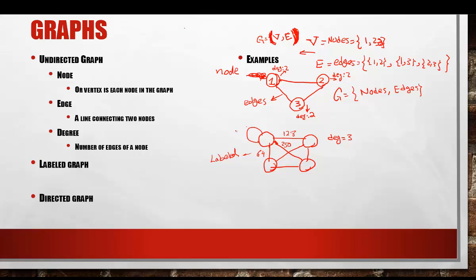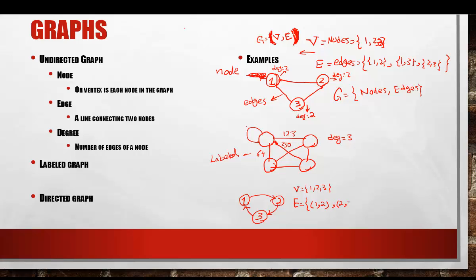A directed graph is when you also have directions, and usually for a directed graph we represent its edges with sequences. So for example, if I have a graph like this, a directed graph, the way that I would represent it is that its nodes will be the set of 1, 2, and 3, and then its edges will be a set of binary ordered pairs, such that the first element is the beginning of each edge and the second element is the end of each edge.